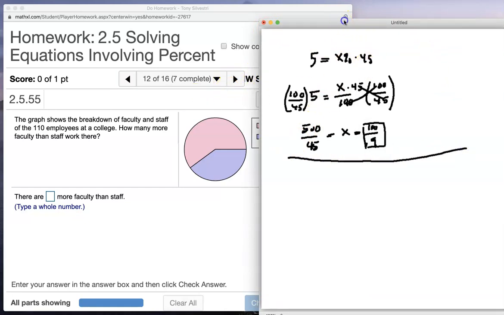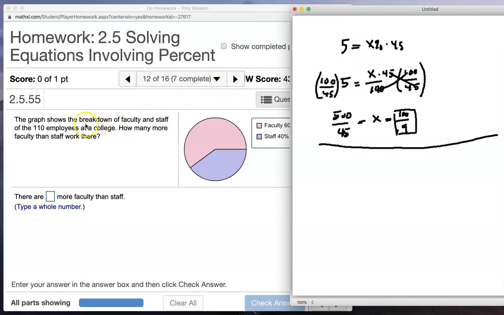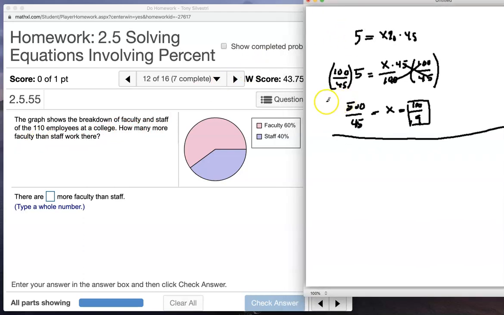The graph shows the breakdown of faculty and staff of the 110 employees at a college. How many more faculty than staff work here? Here's what you got. I blanked out there, I'm sorry.